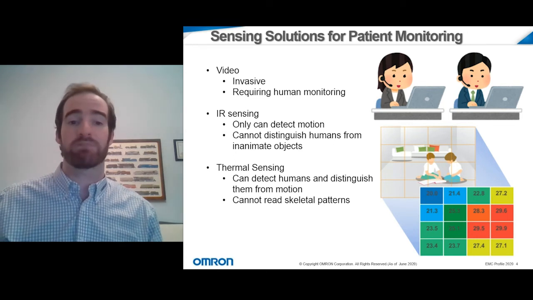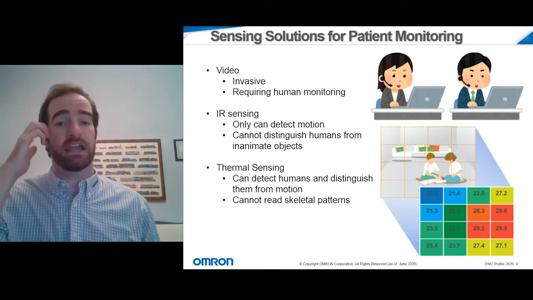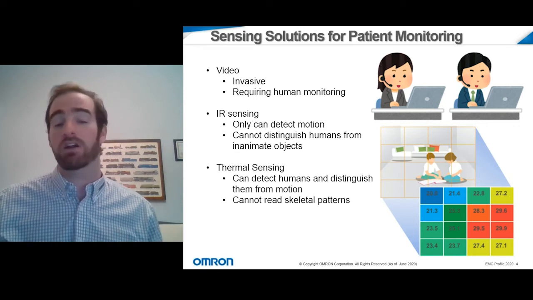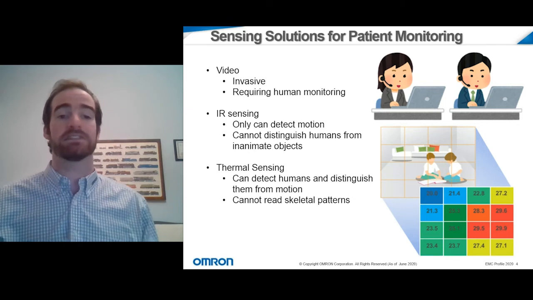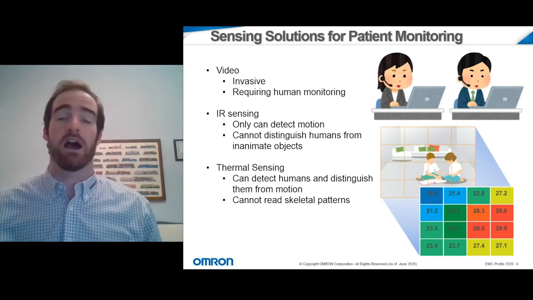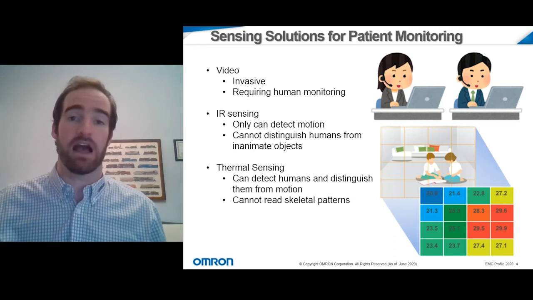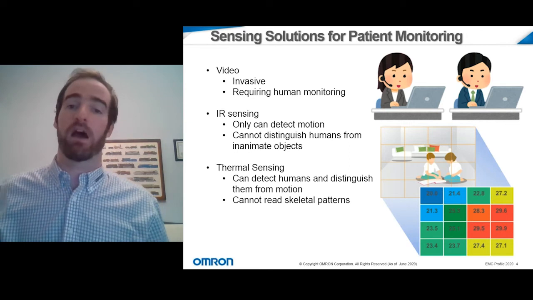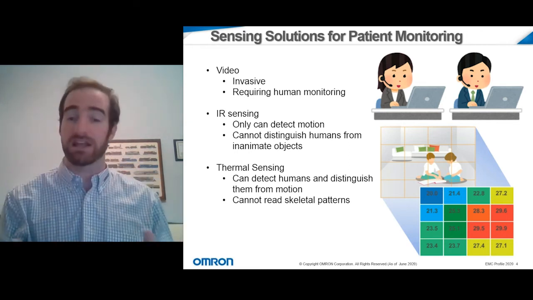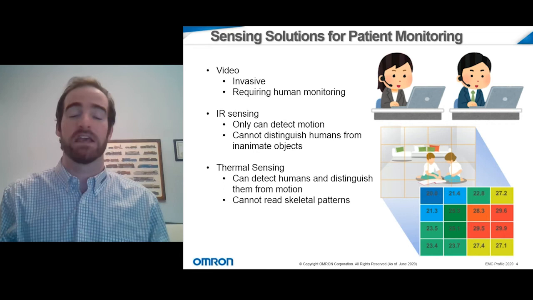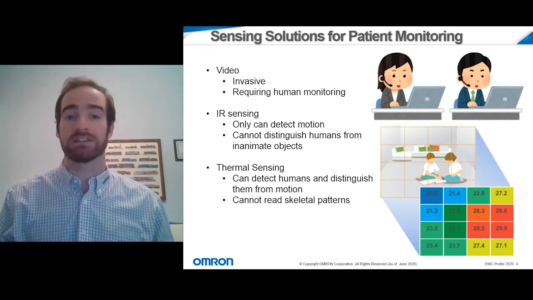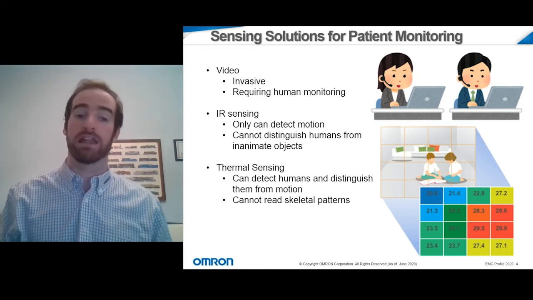However, the downside with these products is that while they are sophisticated enough to detect people in the room and to distinguish human shapes, they are not necessarily sophisticated enough to meet the needs of medical care facilities. One of the biggest questions we have gotten, one of the biggest drivers for getting the sensor into patient monitoring applications, is the ability for it to read skeletal motion, sense where the arms and legs are relative to the rest of the body, and see if they're upright and moving around or collapsed.